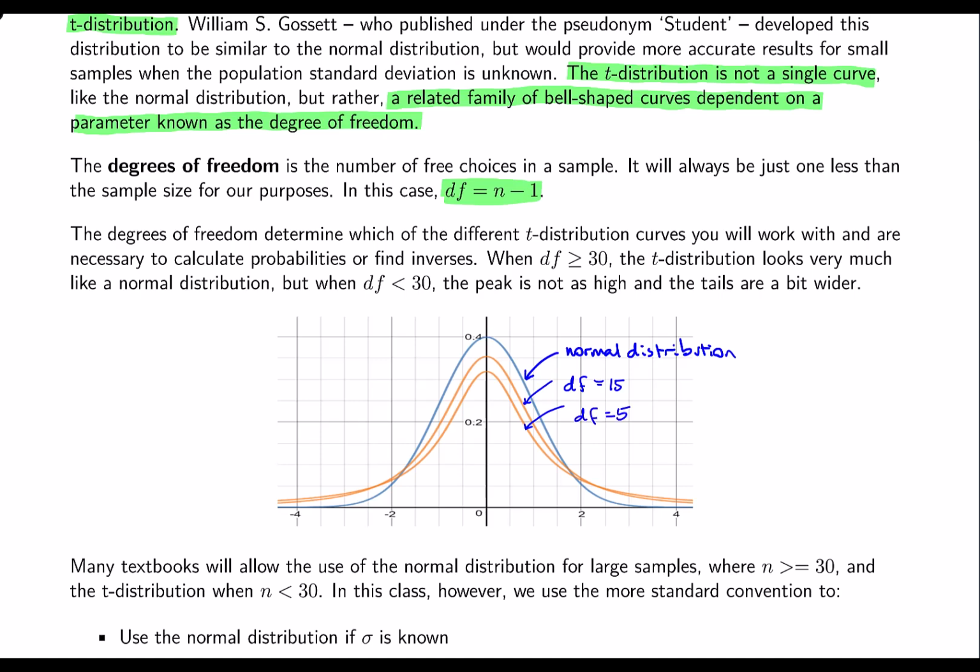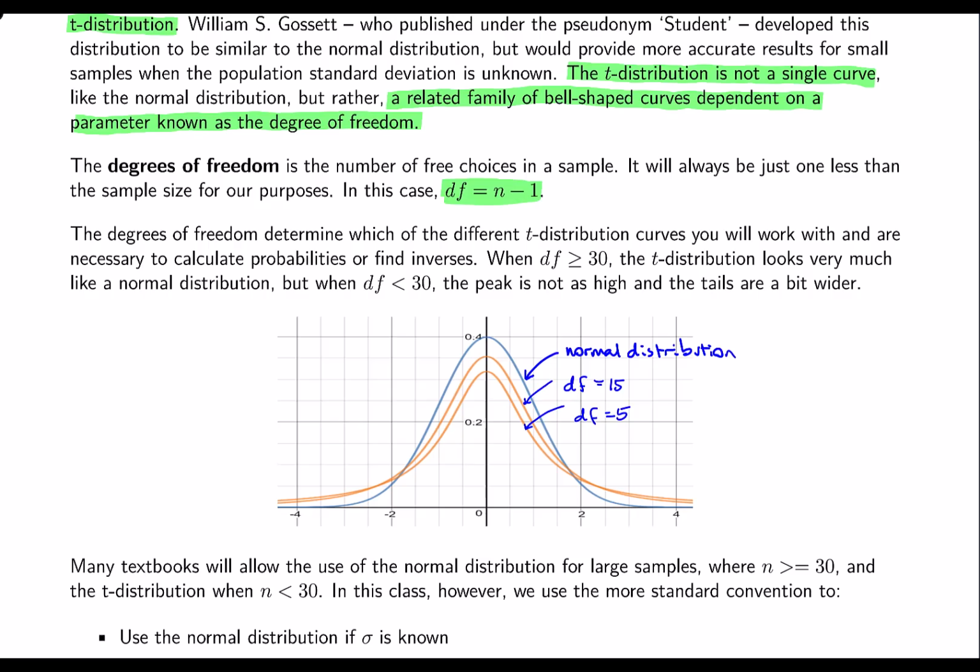I'm just hypothetically speaking. But the fewer degrees of freedom that the sample has, the peak of the distribution isn't quite as high. And the tails of the distribution are a bit wider.